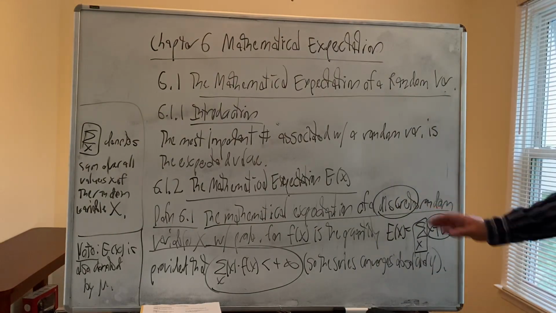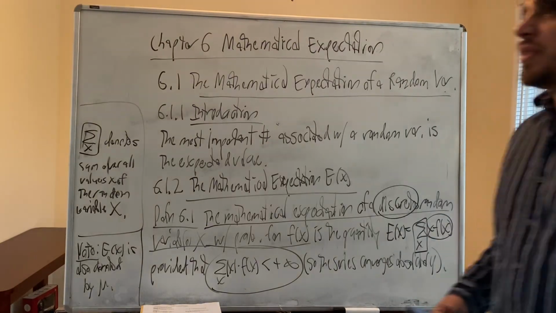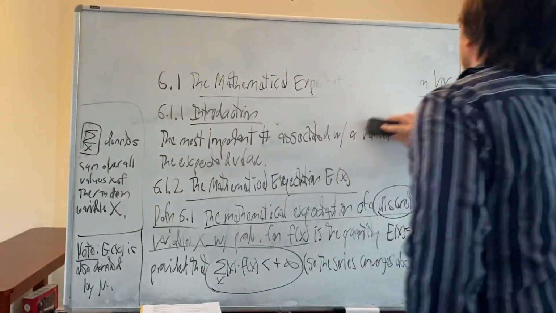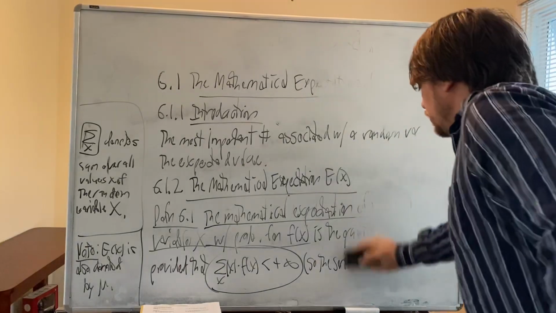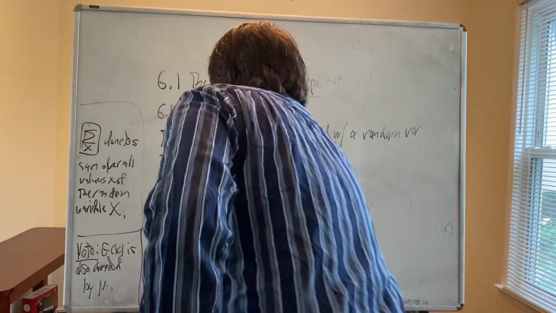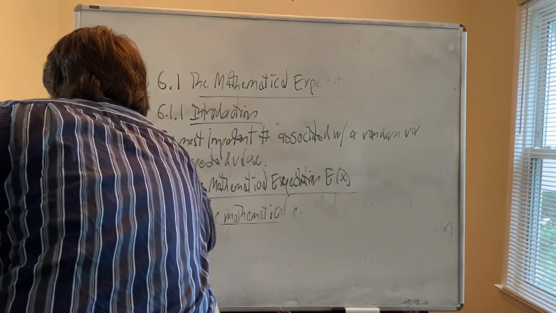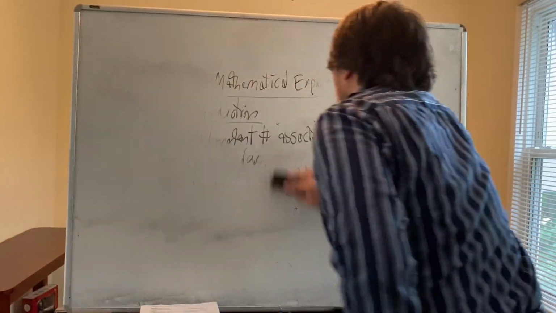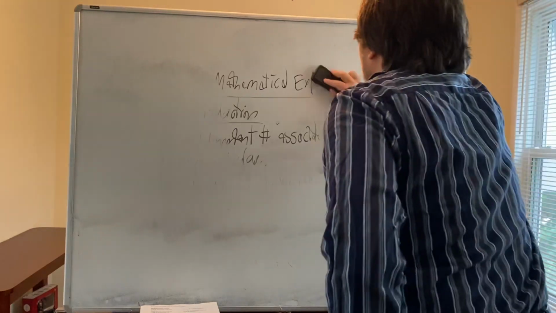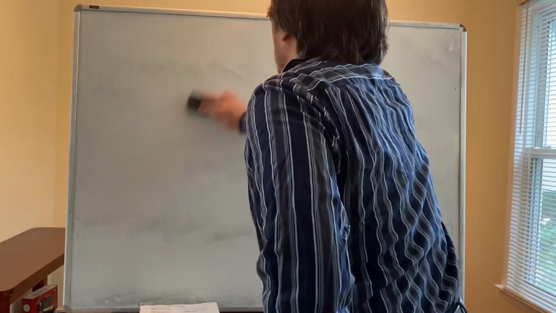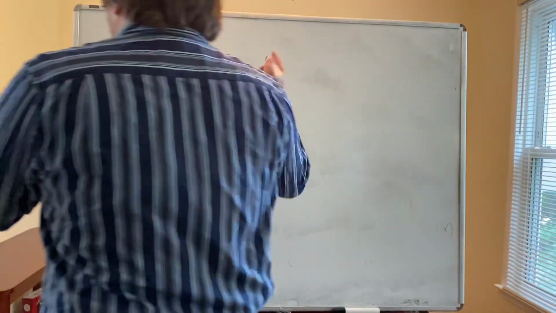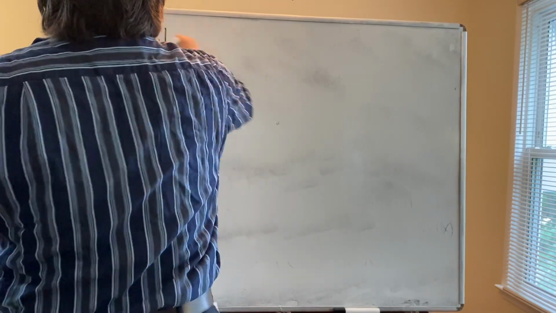Okay, so we now have the definition of E of x or mu out of the way. So let's do an example. Example 6.1.